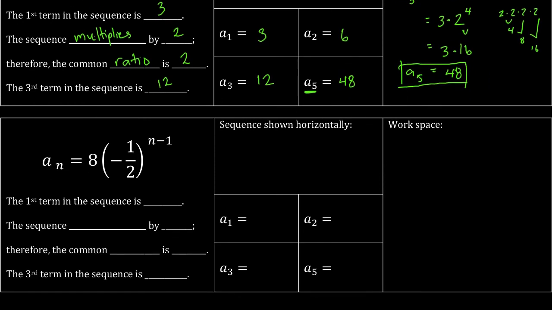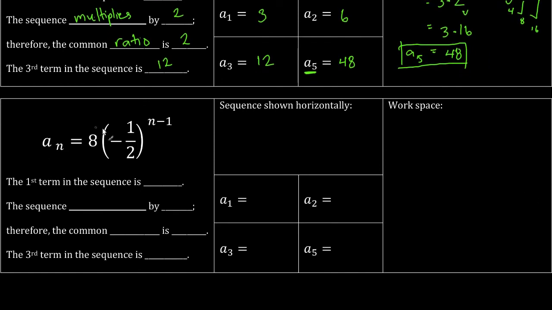All right. Let's try this one. The first term in this one is 8. The sequence multiplies by negative half. Therefore, the common ratio is negative half. So on to the third term. We have 8 as our first term.